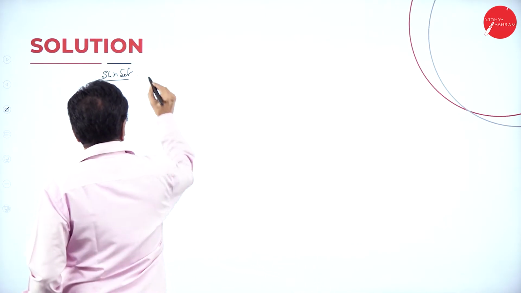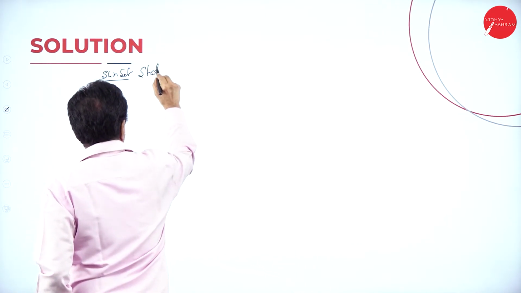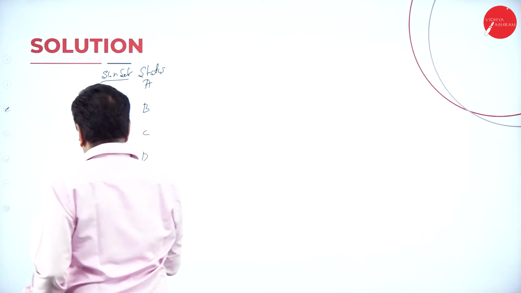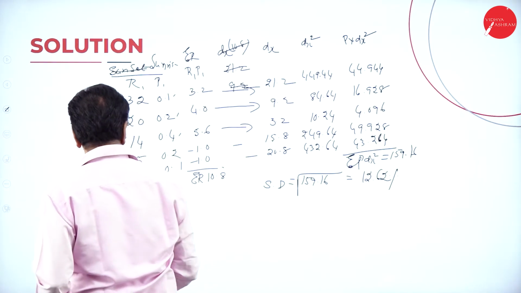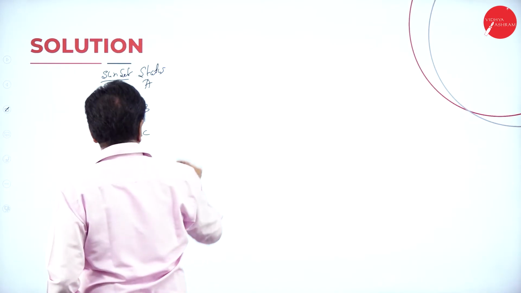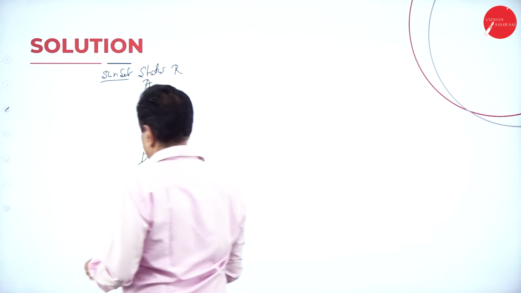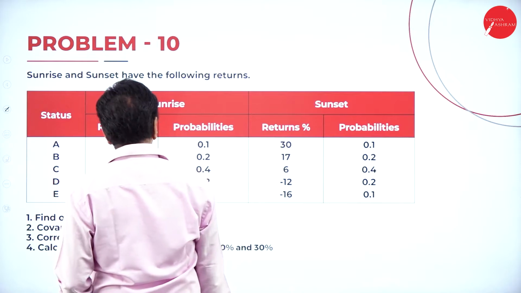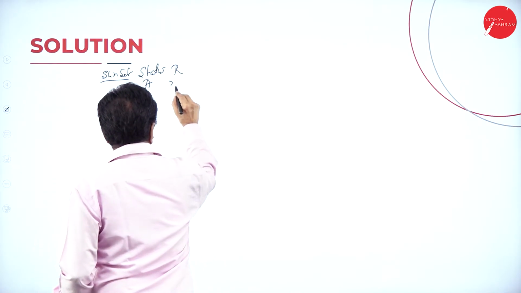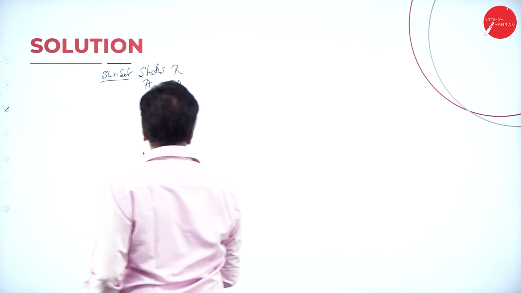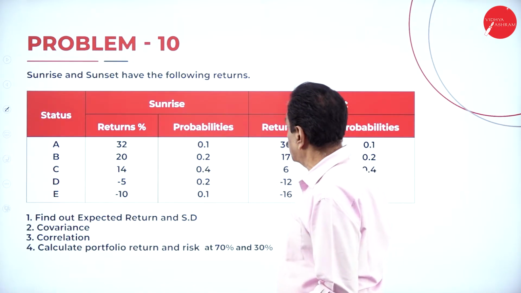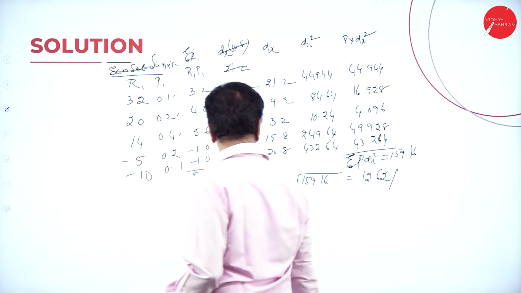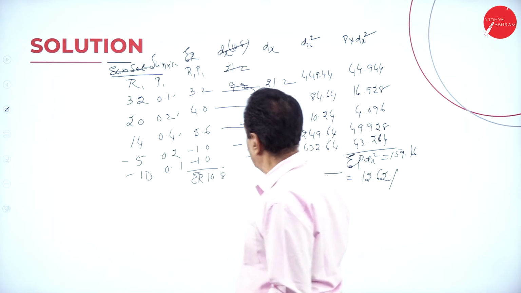Status A, B, C, D, E. Returns are 30, 17, 6, minus 12, minus 16.